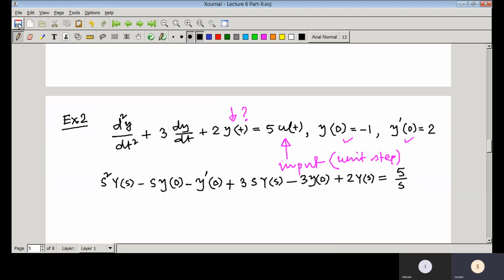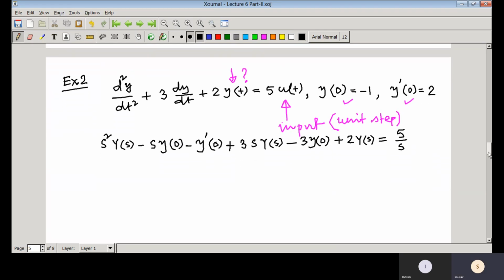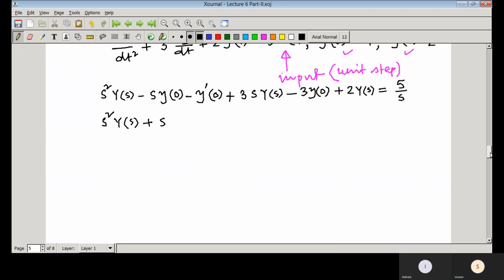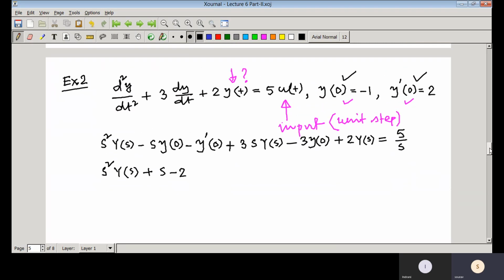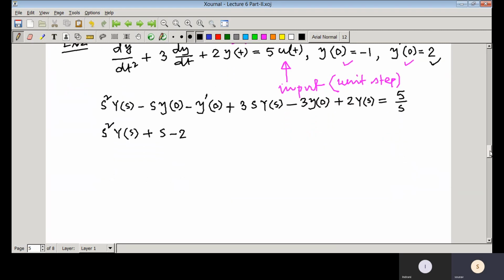So now we replace the initial conditions. Then what will you get? We will get s²Y(s) plus s, as y(0) is equal to -1, and here you can see that y'(0) is equal to 2, so if you replace it here, it would be equal to -2.